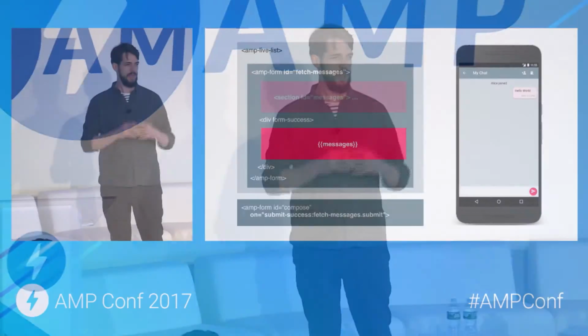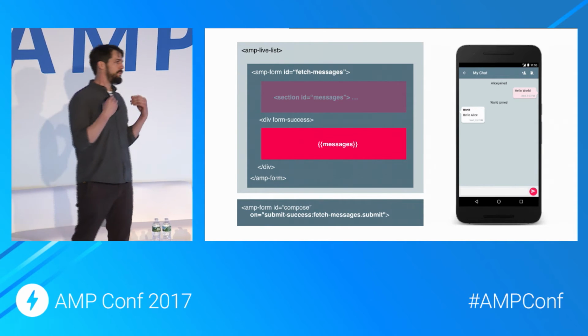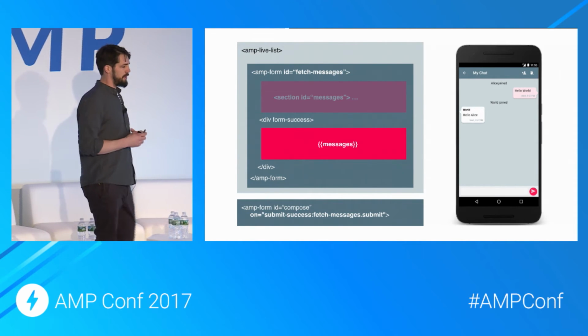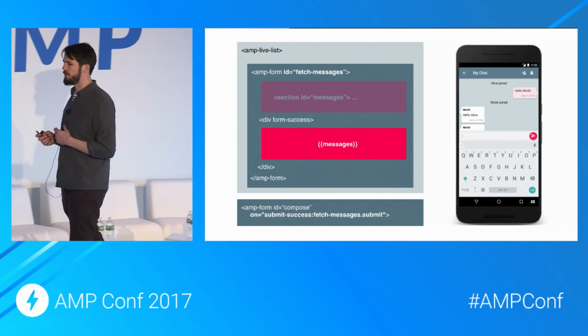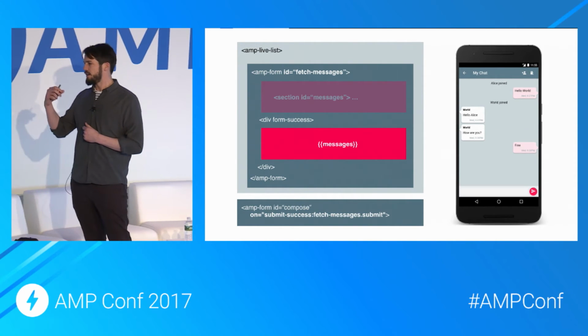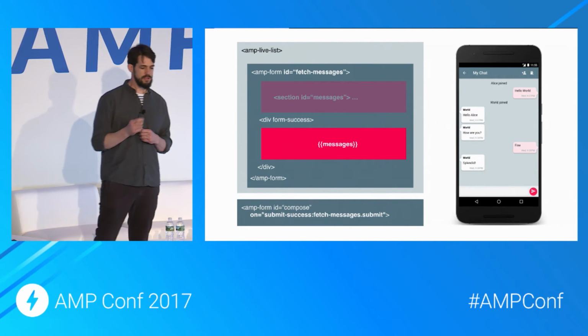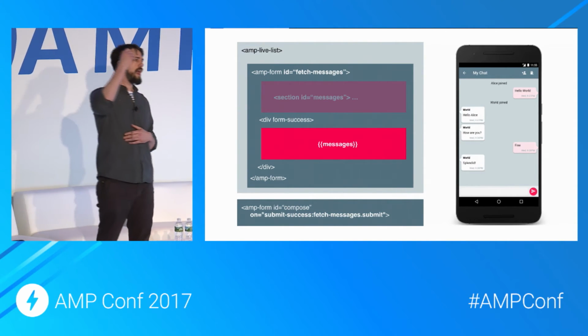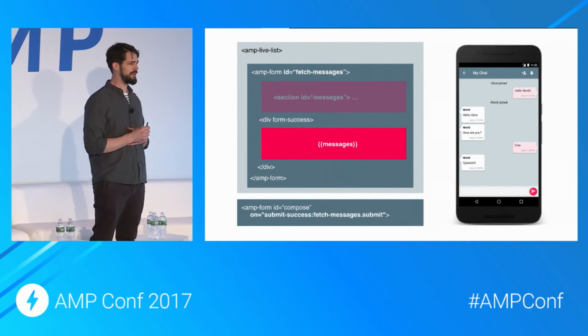I decided to introduce a second form outside the AMP live list. When you submit it, it sends a message to the backend, but it doesn't render any response. Instead, we use the AMP form's capability to listen for the submit success event. When this is fired, we trigger the other form to submit, which is embedded in the live list.